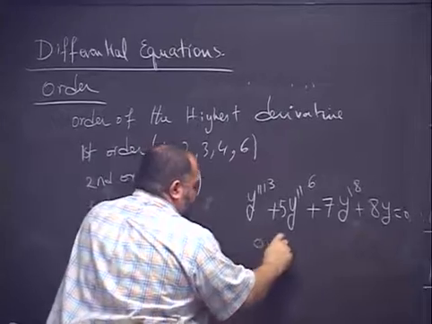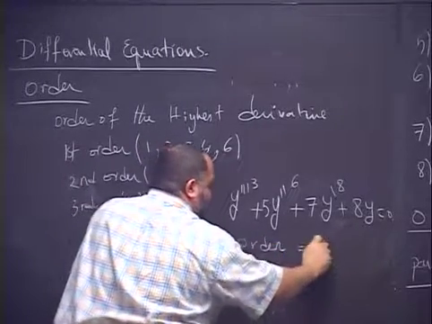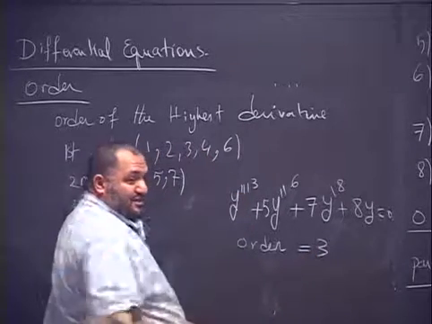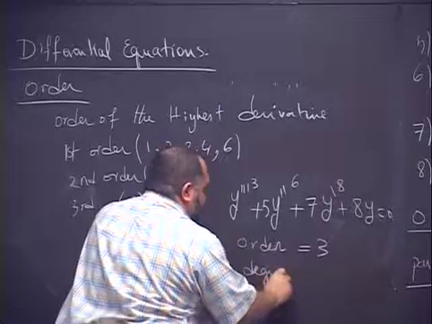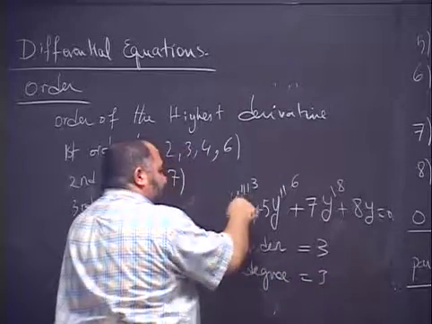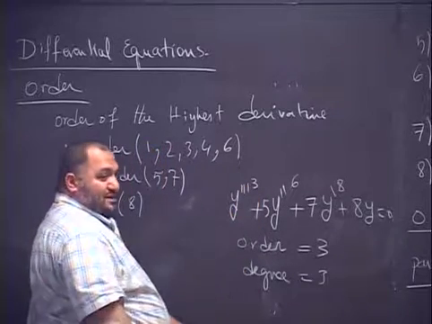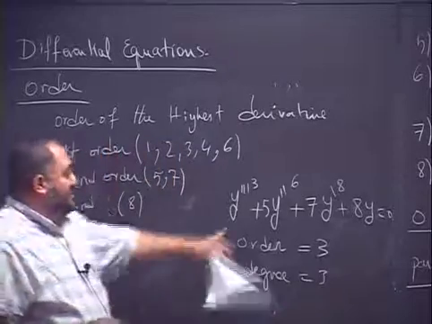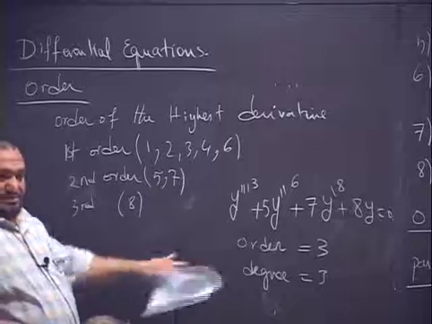What's the order? The order is 3, because it is the third derivative. What's the degree? The highest derivative is raised to the power of 3. So this is order 3 and degree 3. Don't be deceived by this or this. Did you understand?